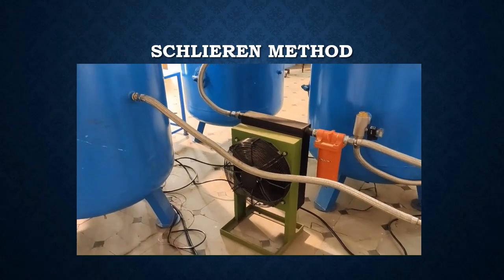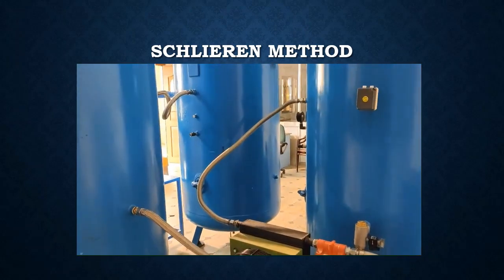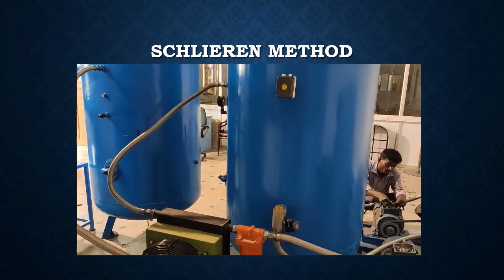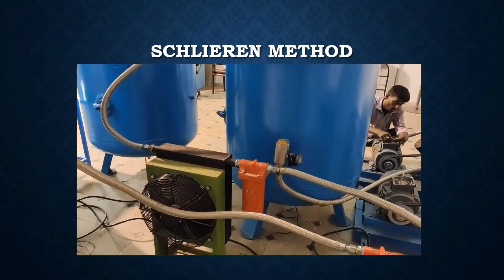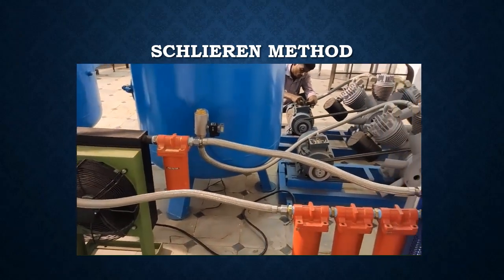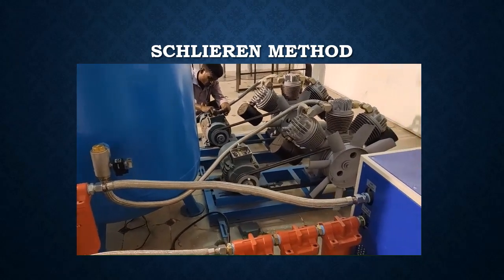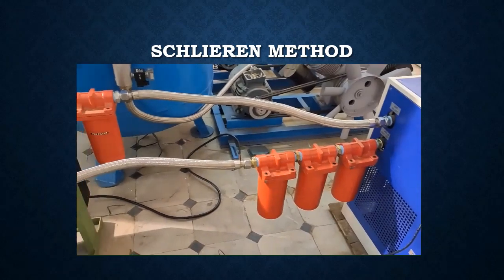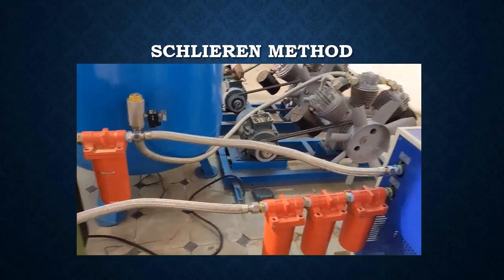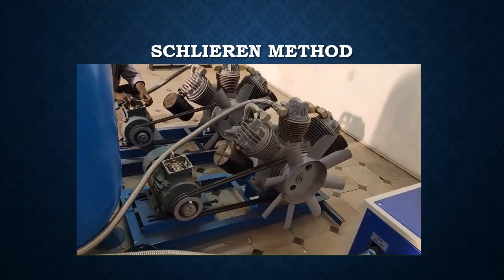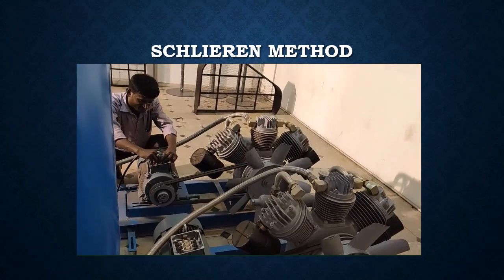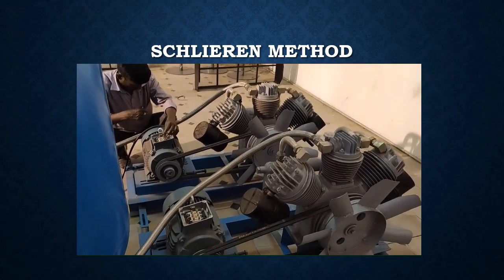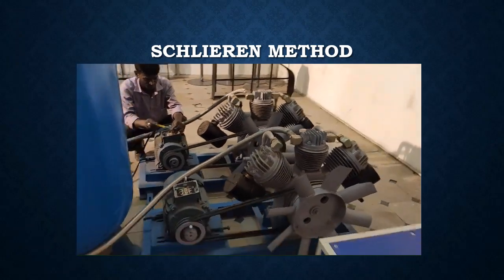This tank is connected to the dryer, and the dryer is connected to the air cooler. The air cooler and dryer outlet have filters, and these filters distribute the air to the other two tanks. So these are the multi-stage compressors.